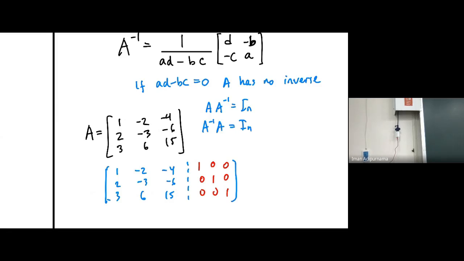We will go back to here in the next section. But now let me explain this.